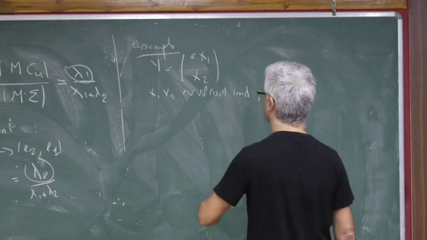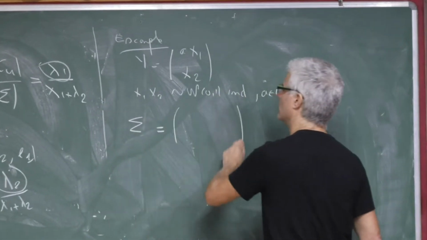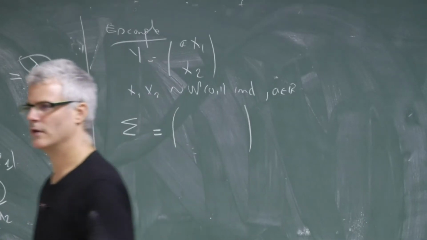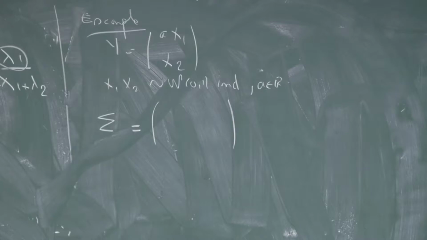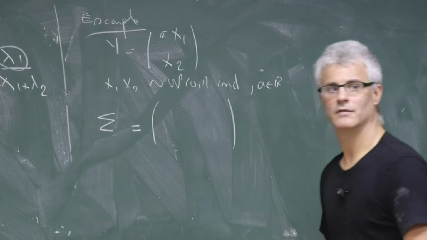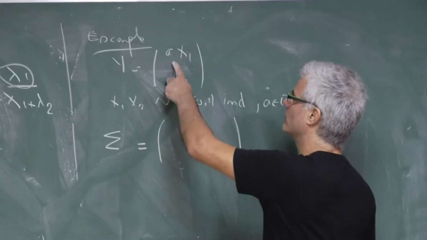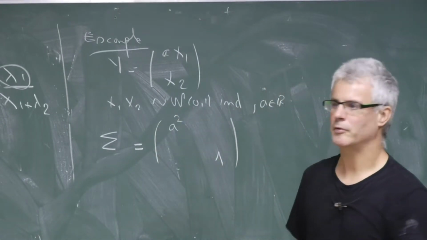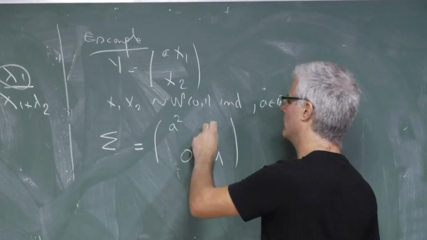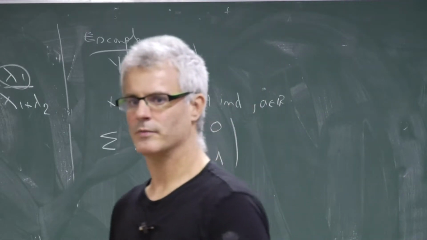What is the matrix sigma here, the covariance matrix? Here you just have the variance of the first one, so it will be A squared. Here you have the variance of the second one, that will be 1, and since they are independent, I will get 0, 0 for the anti-diagonal terms.